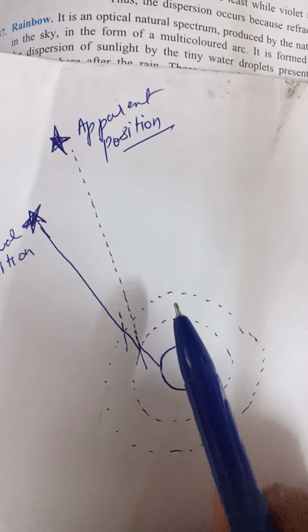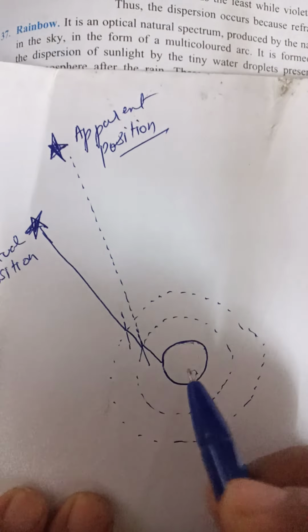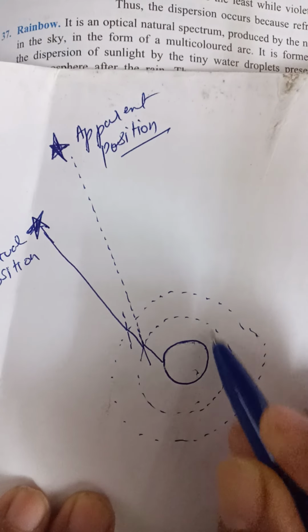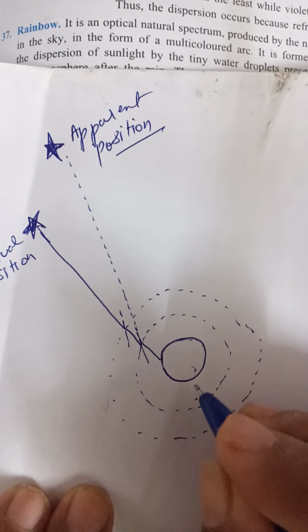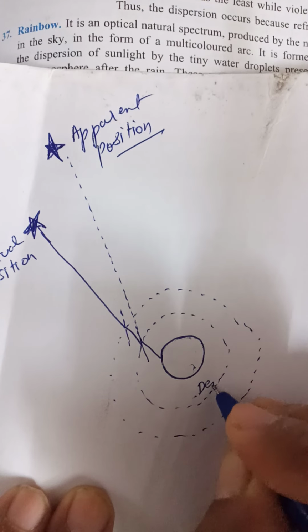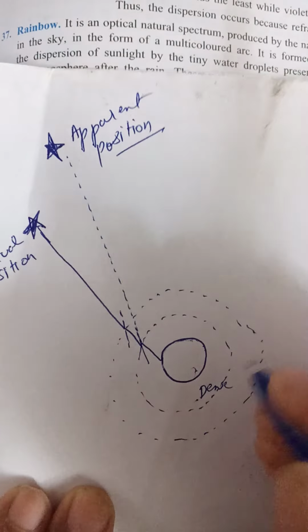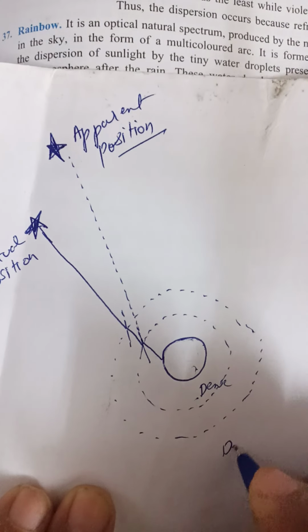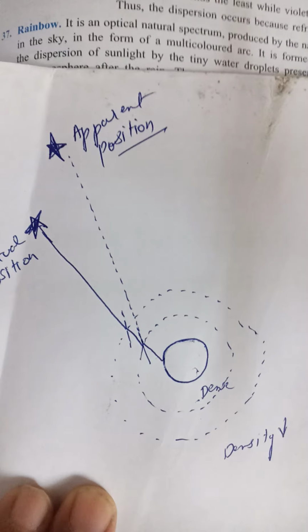As we go high, the atmospheric layer closer to the earth is more dense, and as we go away from it, the density goes on decreasing.